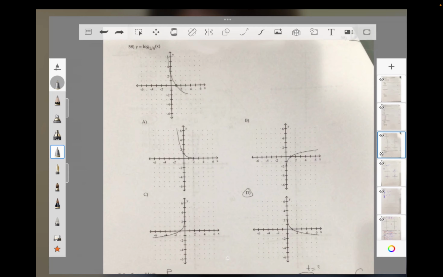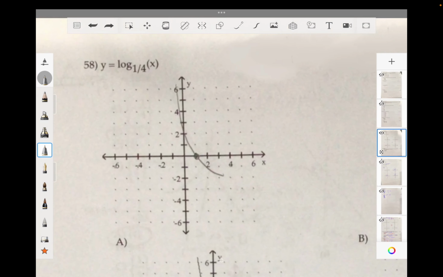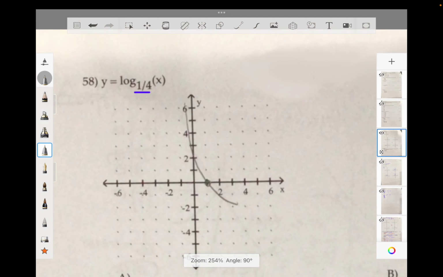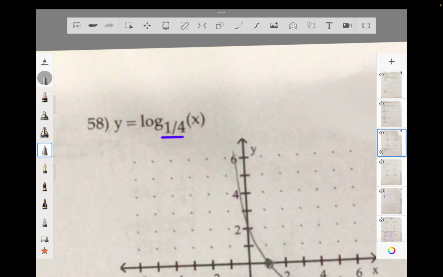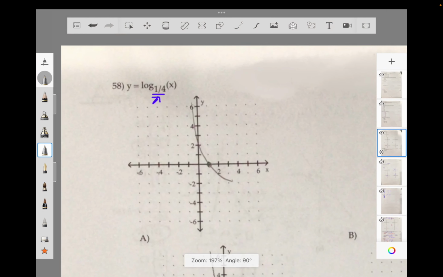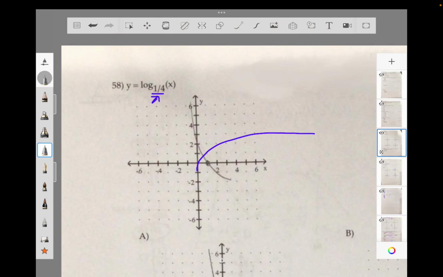The rule is that it depends on the base number you have right here. If it's 0, I think it's undefined, though I might be wrong about that. But if it's 1, it's 0, so it doesn't matter. If the base number is greater than 1, you're going to get that classic graph that looks like that.